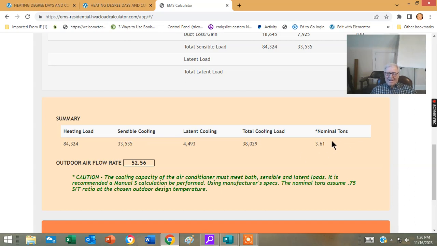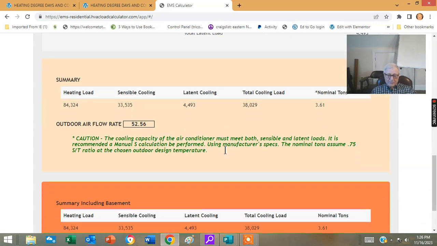If it was my house, I'd put in a 3.5 ton. One other thing this calculator does is that in the new super insulated houses, they're requiring outdoor air to be introduced into the house. In this case, you would have to put in 52.5 CFM of outdoor air.